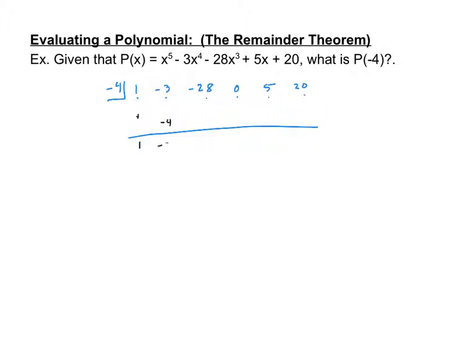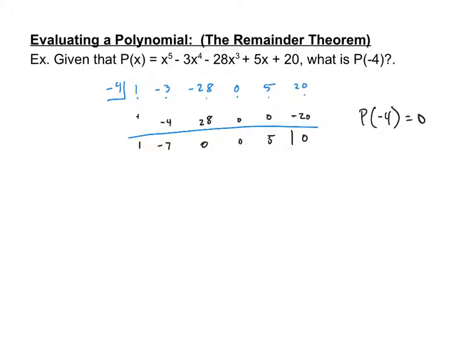I am going to have negative 7, multiply across for a 28, add down again. 0 times negative 4 is 0, add down. 0 times negative 4 is 0, add down 5. Then 5 times negative 4 is negative 20, and our remainder is 0. So it looks like p of negative 4 equals 0, which means it's a root.